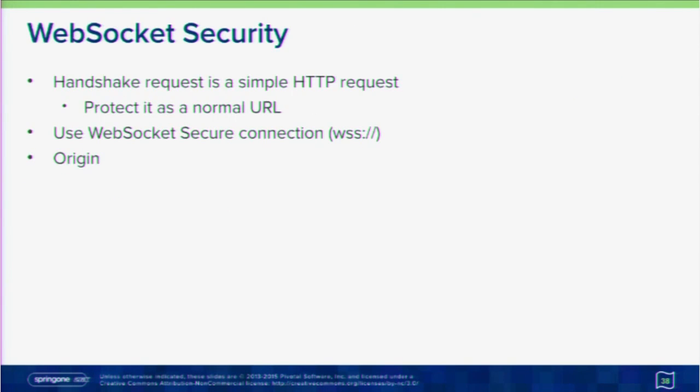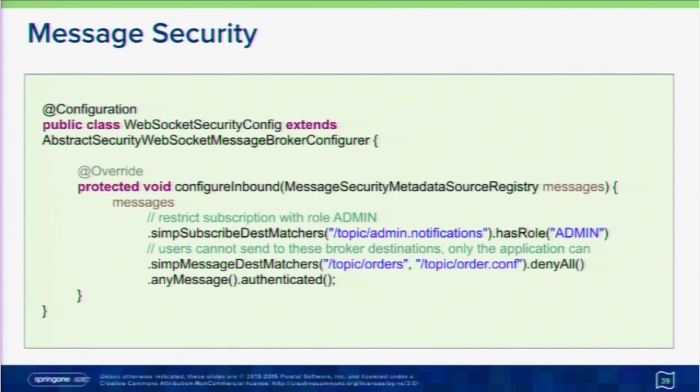All right. Just one slide on security because we are running out of time. STOMP doesn't have any security implemented or defined. As we are not using HTTP, normal endpoint protection won't help much with WebSockets. Well, it will help at one point, which is at the handshake level, since that is an HTTP request.